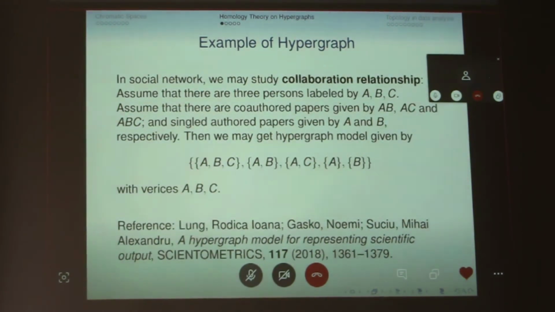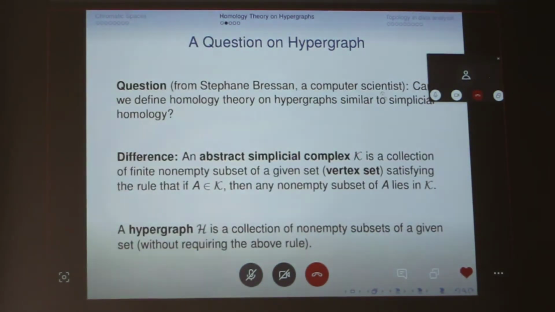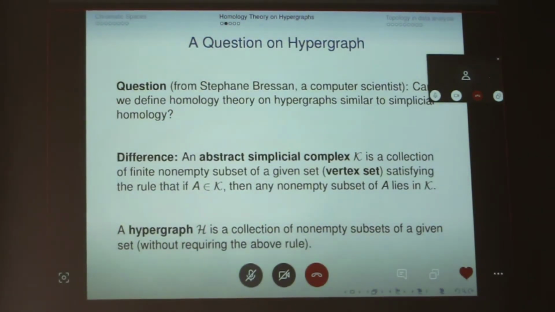So this kind of thing gives information, which is a hypergraph but not an abstract simplicial complex. Then people ask whether we can still produce a homology theory on hypergraphs. That's what we can try. Actually, the question was asked by Stephen Bressner, a computer scientist interested in hypergraphs.